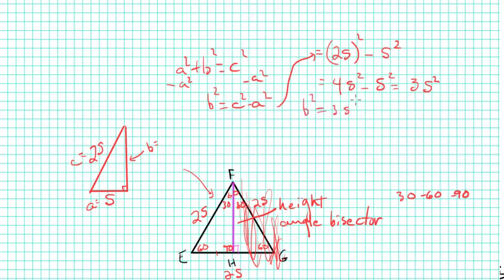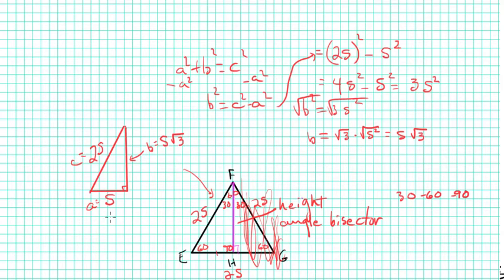And so b squared equals 3s squared. So once again, I take the square root of both sides, and I get b equals the square root of 3 times the square root of s squared. Well, that equals s times the square root of 3. And so b is equal to s times the square root of 3. Now, it doesn't matter what s is equal to.